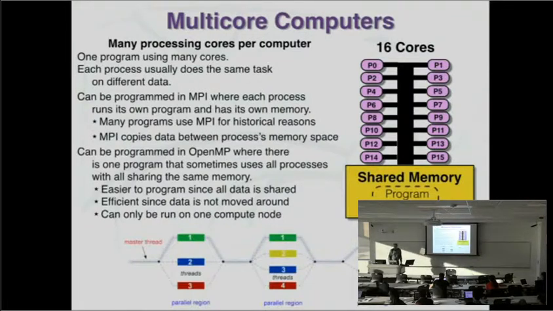Okay, so let's continue on. What I talked to you about is running on multiple nodes. Around 2003, computing changed again, and instead of building clusters of large single processor machines, we started seeing dual processor or dual core machines come out.